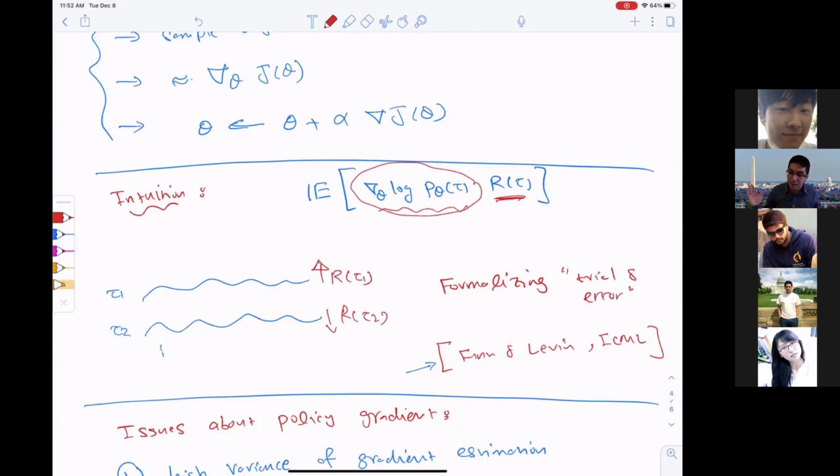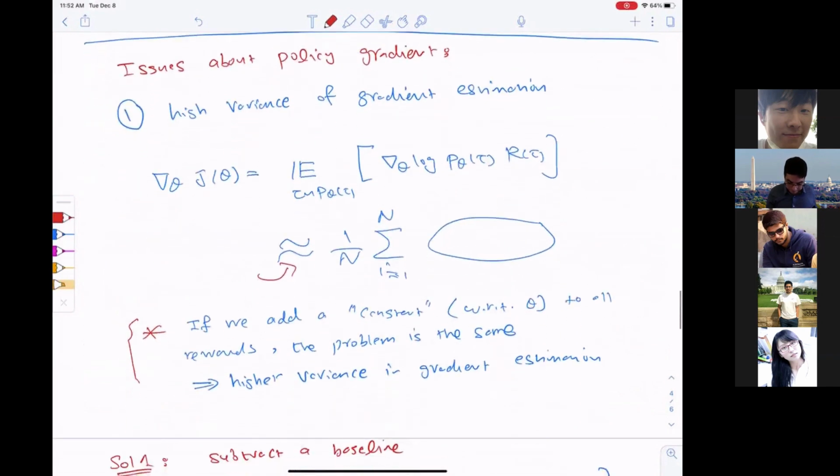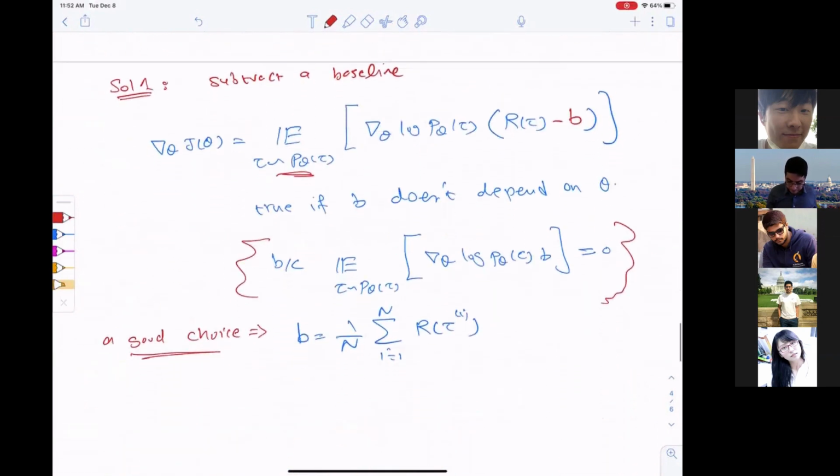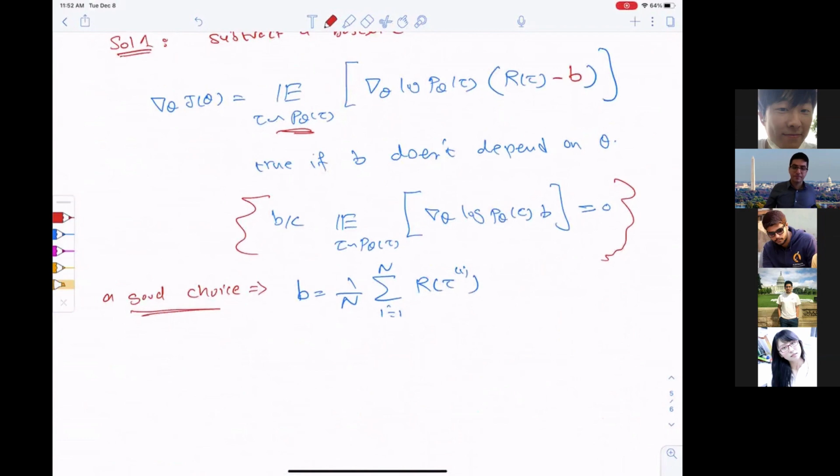In fact, you're changing your model to increase the probabilities of better trajectories compared to other trajectories. Any other questions?